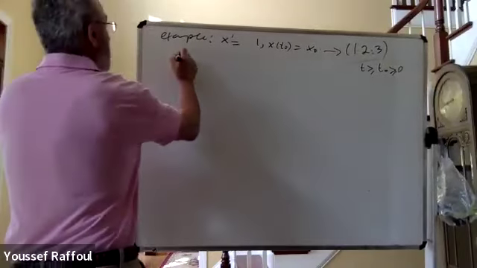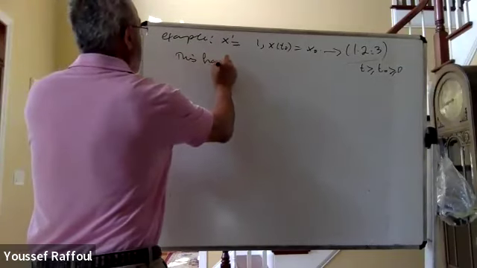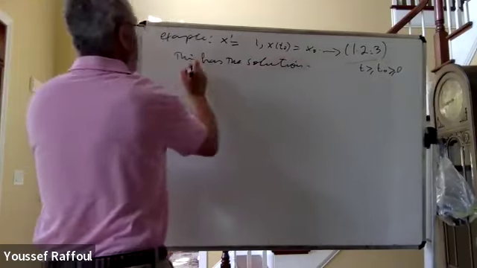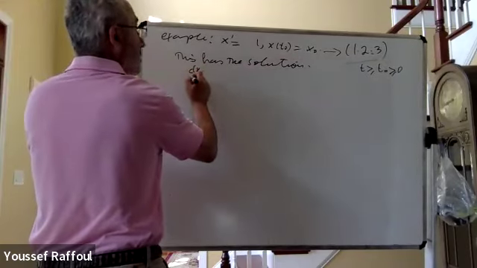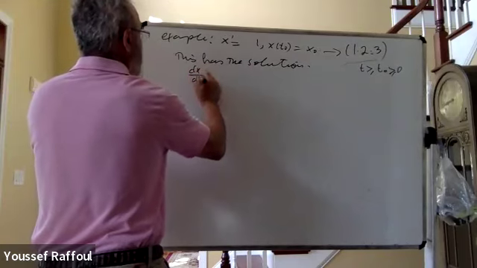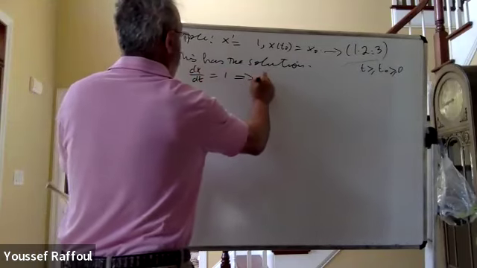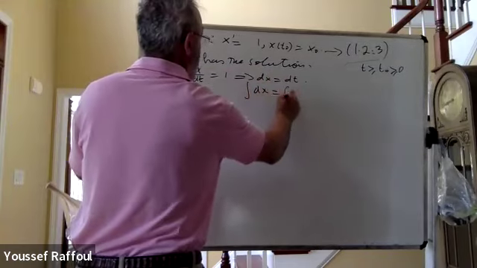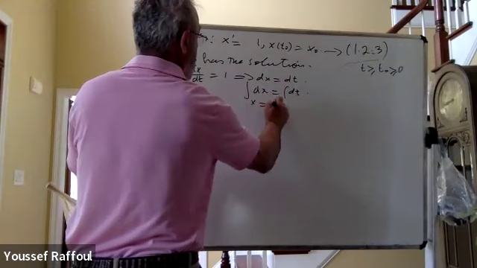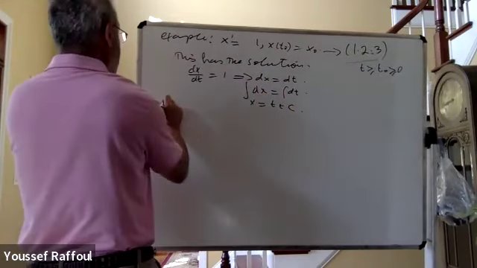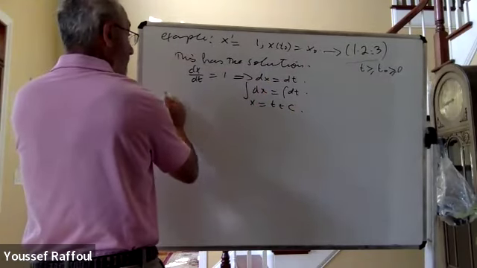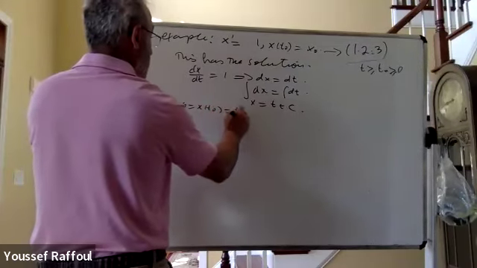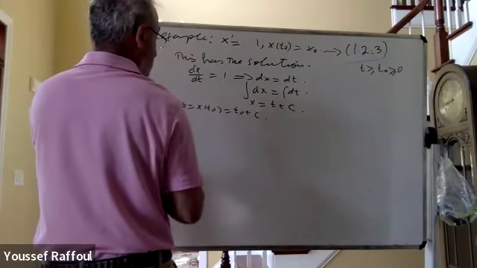So this has a solution by integrating. This is separable. Remember, this is dx over dt equal 1. That implies dx equal dt, or x equal t plus c. And then applying x naught equal x(t naught), that is t naught plus c.